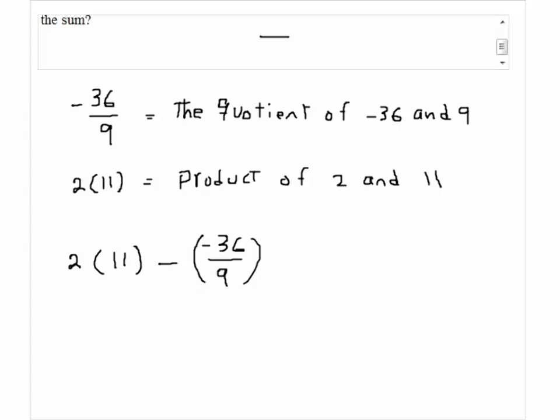So that would be the equation. Subtracting negative 36 over 9 from the product of 2 times 11. So this would be 22 plus, that would be 36 over 9. So 22 plus 4 should be 26.